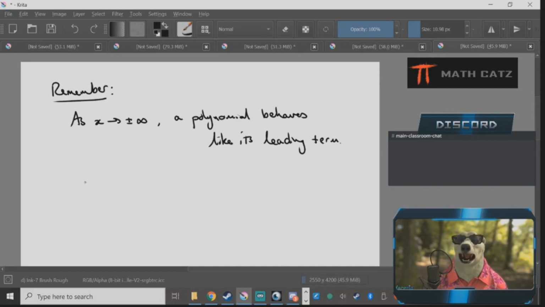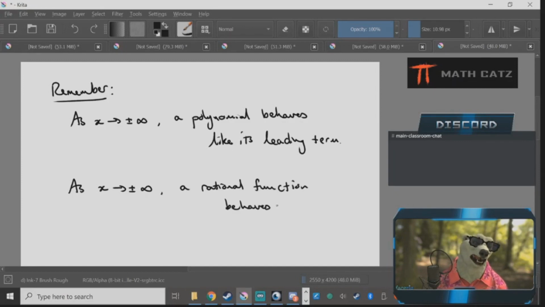So now I want to ask the same thing about rational functions. When I go far to the left or right, how does a rational function behave? That's the question. Now, it's really all good news.